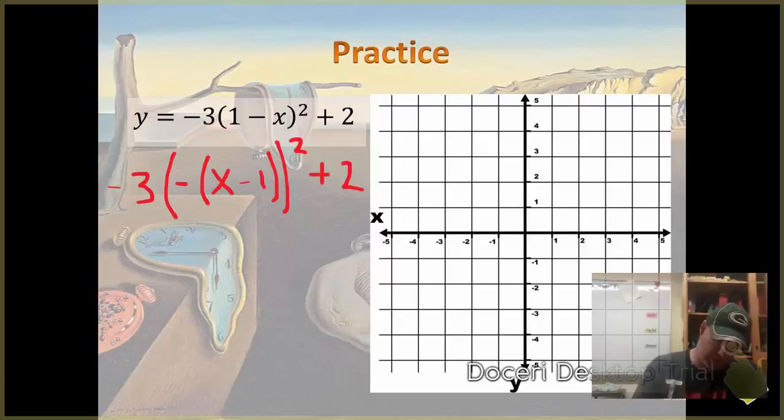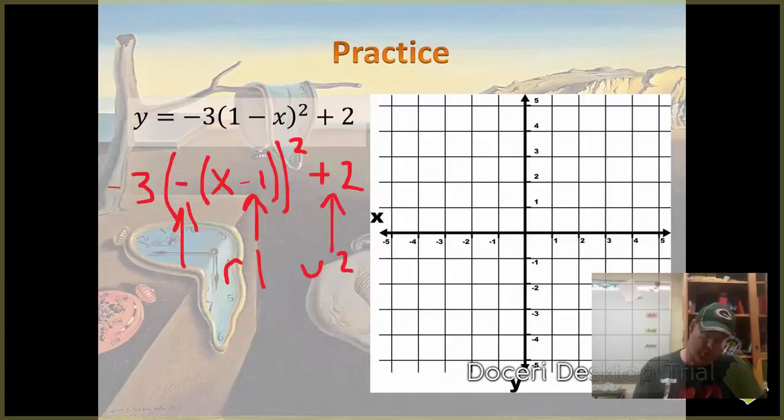Okay, so this tells us that it is flipped across the y-axis. In this case, it doesn't change anything because if a parabola looks like this, when we flip it across the y-axis, it still looks like a parabola. This tells us right 1. This tells us up 2.